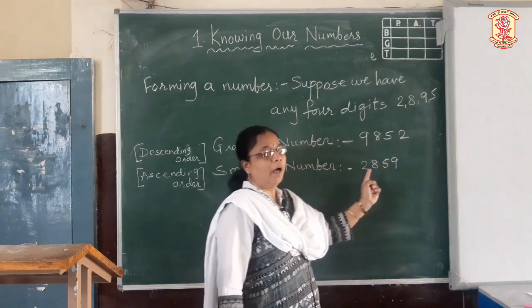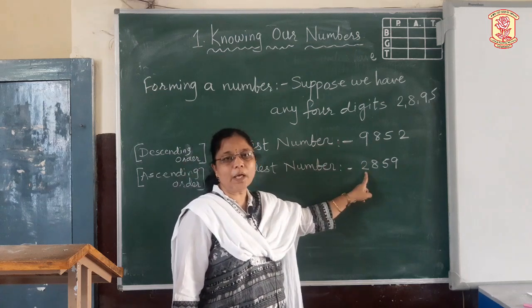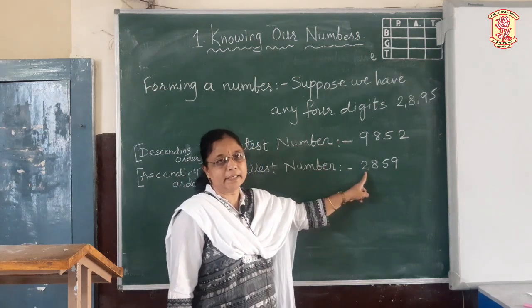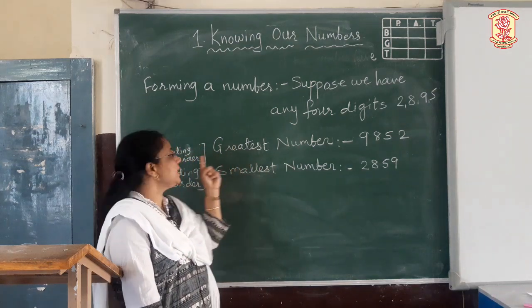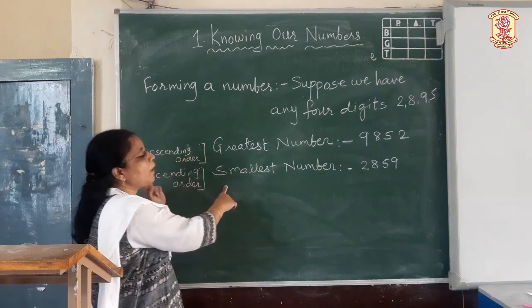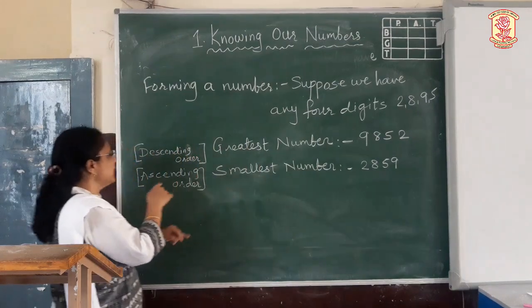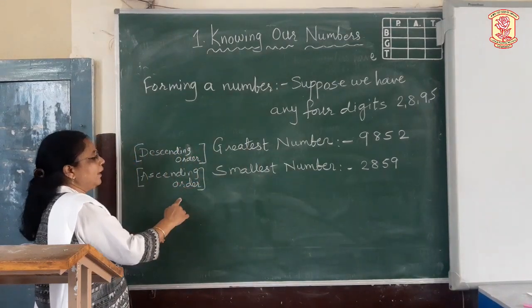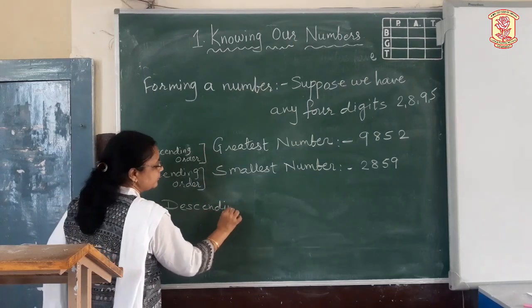So the greatest number with the help of these 4 digits formed is 9,852. And the smallest number using these 4 digits we have formed is 2,589. To form the greatest number, we have arranged the digits in descending order. And to form the smallest number using these 4 digits, we have arranged them in ascending order. Now what is descending order and ascending order?